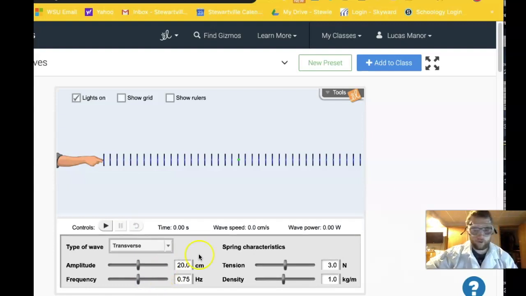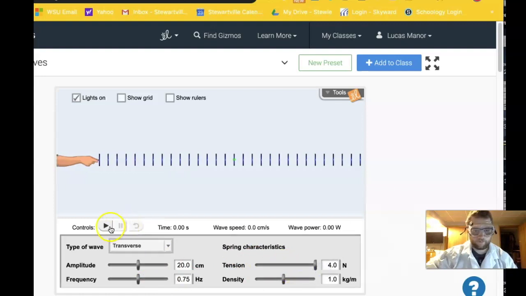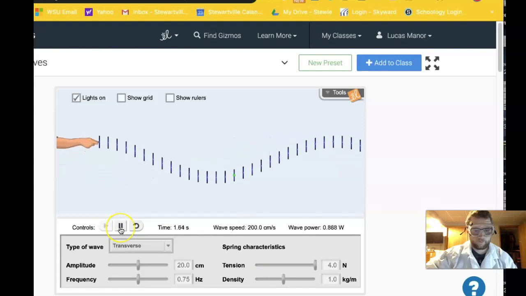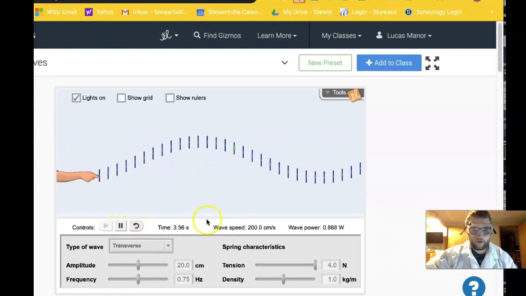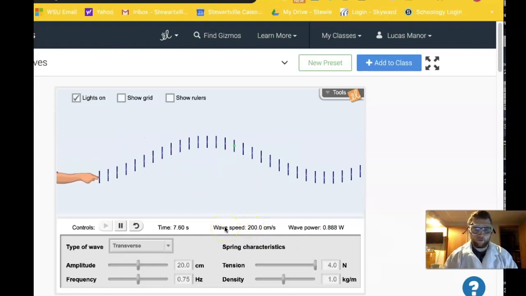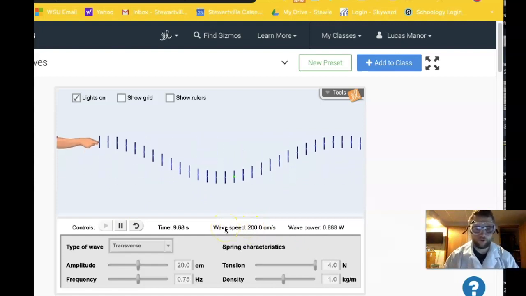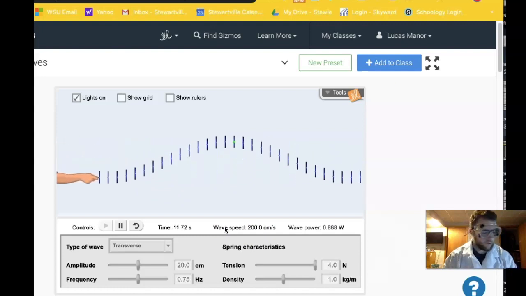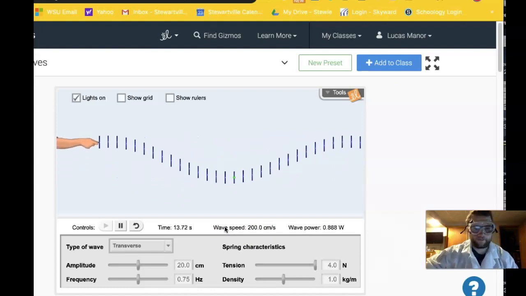And now we're going to increase the tension. And now we notice a change in wave speed. It went from 173.2 to 200 centimeters per second. So our wave speed increases.